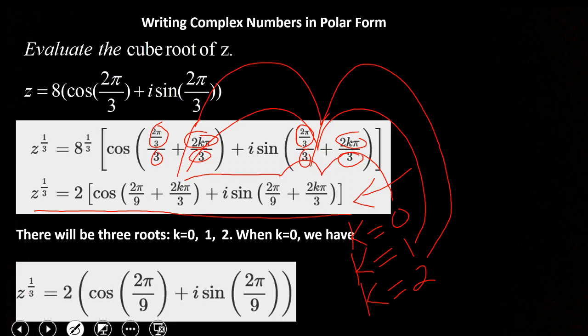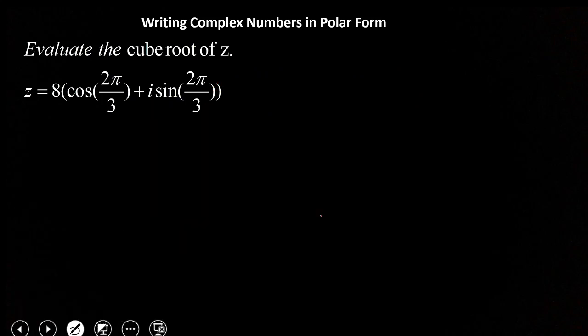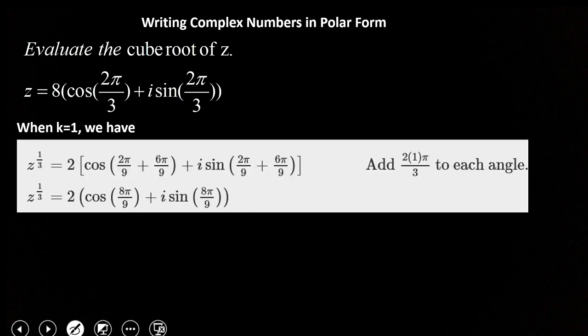So there will be 3 roots. When k equals 0, if you put a 0 there, well, this goes away. So we're just going to get 2 pi over 9 and 2 pi over 9, and we can simplify it. So when k equals 1, we're going to end up with, you just have to add, right?